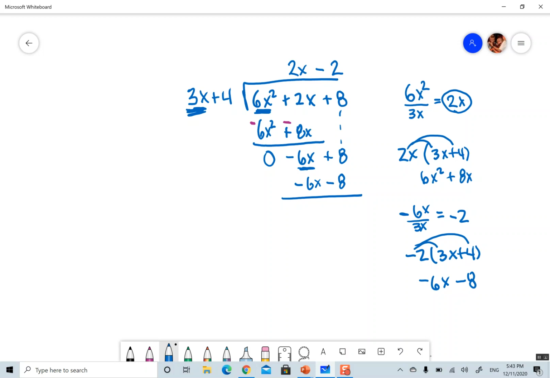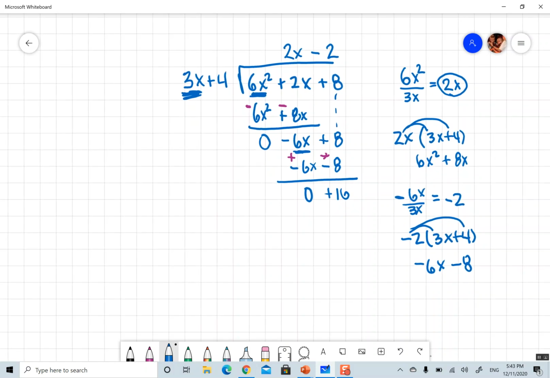And now I'm going to subtract, but I'm bad at subtracting, so I'm going to change the sign and add. Minus 6 plus 6 is 0, so I have 0 x's. 8 plus 8 is a plus 16. And because 3x doesn't go into 16, there are no x's there, I know that I'm finished.